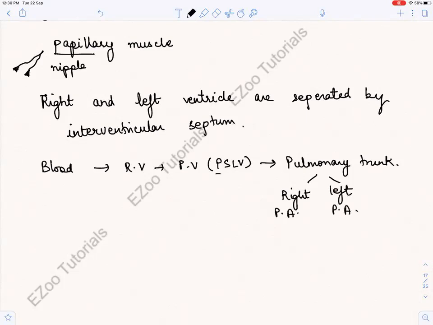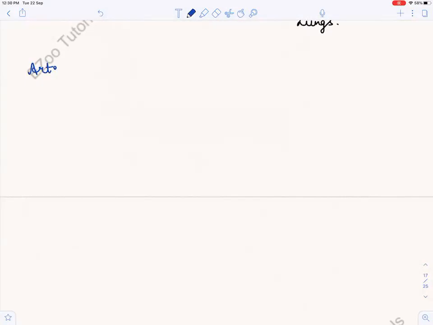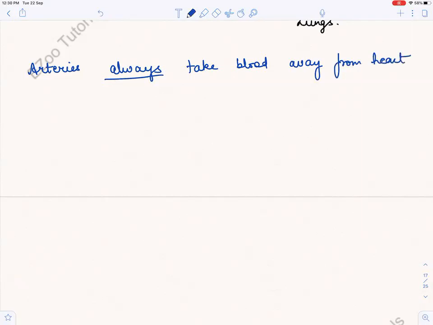So remember, pulmonary semilunar valve, and it carries the blood to the lungs. And you have to remember one very important thing, that arteries always take blood away from the heart. This is a very important thing that you should remember.